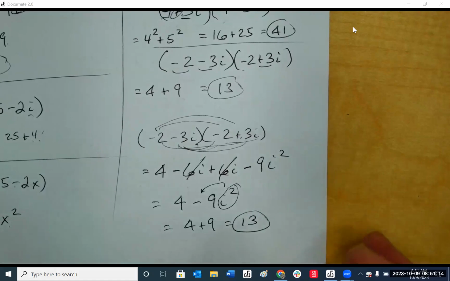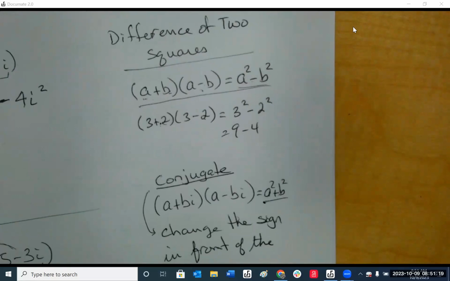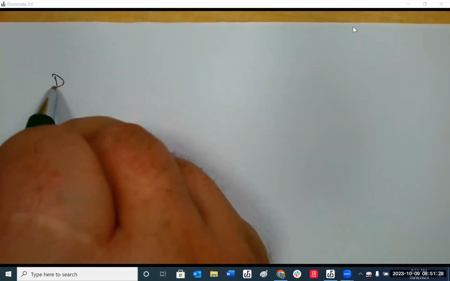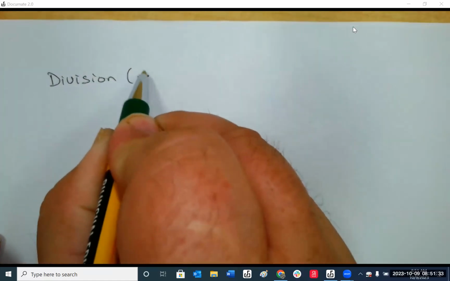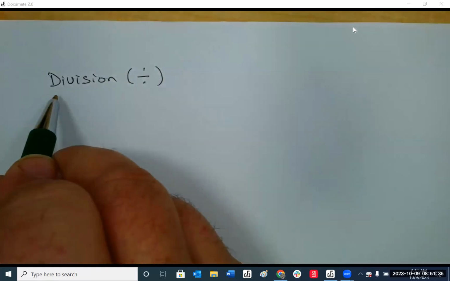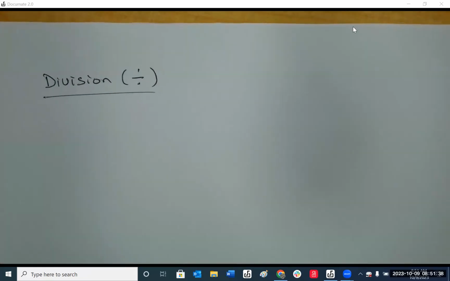Why did I spend all that time showing you that? Because we'll need it on the next one. Whenever you divide imaginary numbers, we have two types of division problems here.